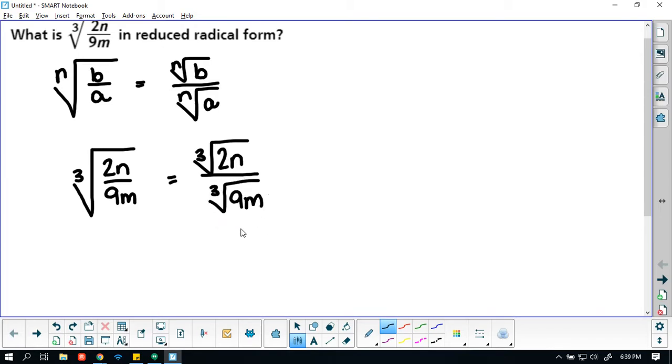Looking at this, we have a radical in the denominator, and I don't want this radical in the denominator. For me to make this radical into a non-radical number, I need this to be a perfect cube.